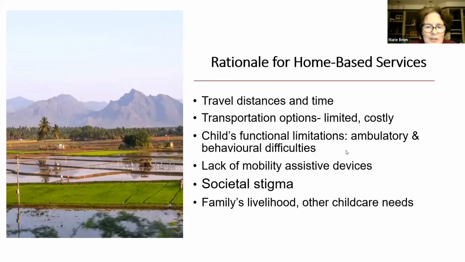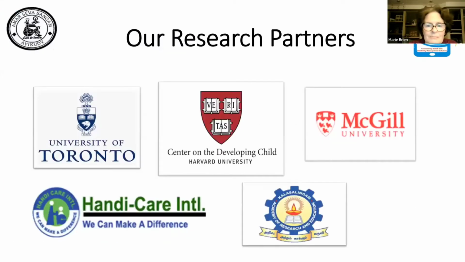The child was non-ambulatory or may have had behavioral difficulties. There's lack of mobility, assistive devices, societal stigma. Often the families did not want to take the child out of the home to access services in urban centers. And often the family's livelihood and other childcare needs prevented them from traveling to urban centers.